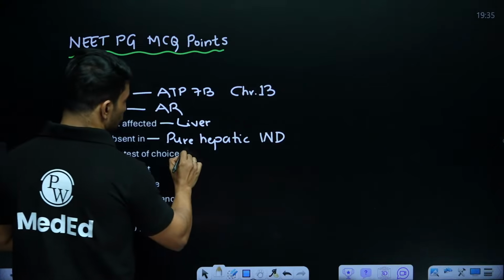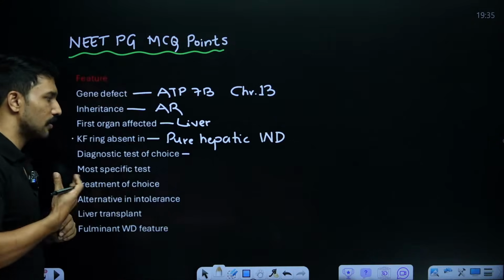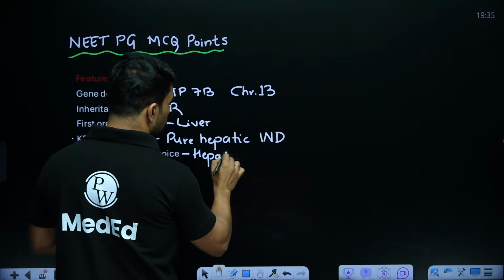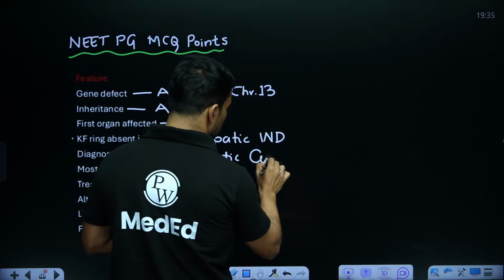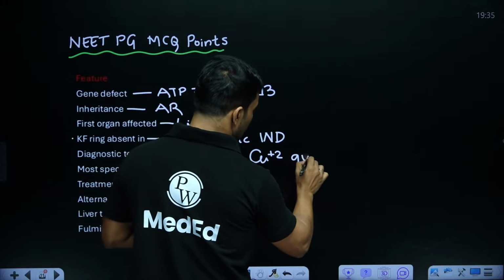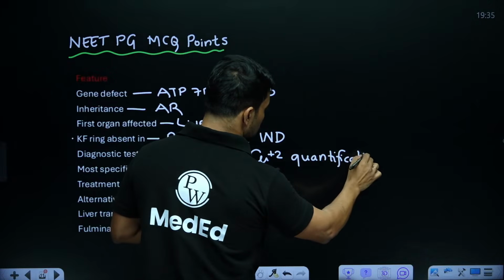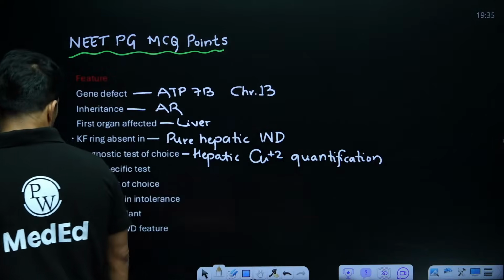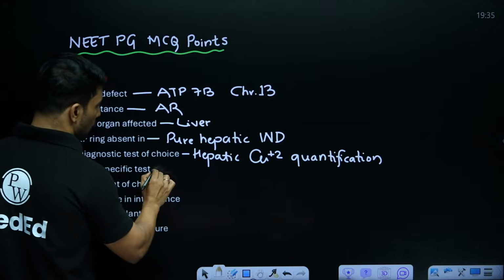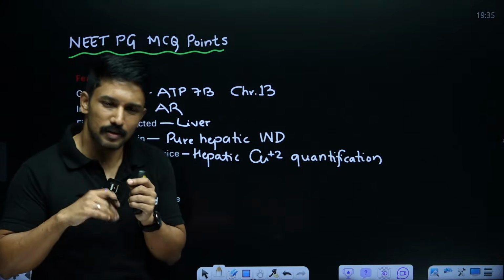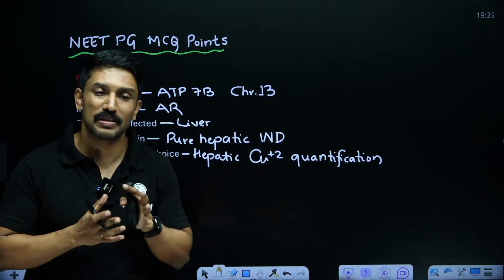Diagnostic test of choice. What is the gold standard or the diagnostic test of choice? The hepatic copper quantification. More than 250 micrograms per gram of liver is suggestive of Wilson disease. But if they're asking what is the most specific investigation, remember, gold standard is hepatic copper quantification, but if the terminology changes, they ask what is most specific.